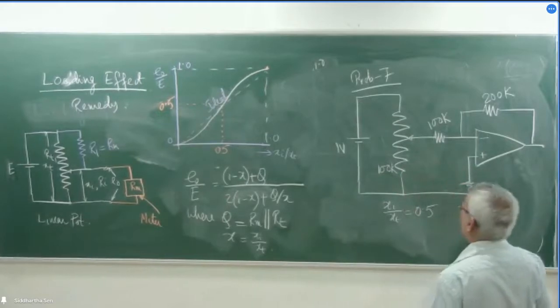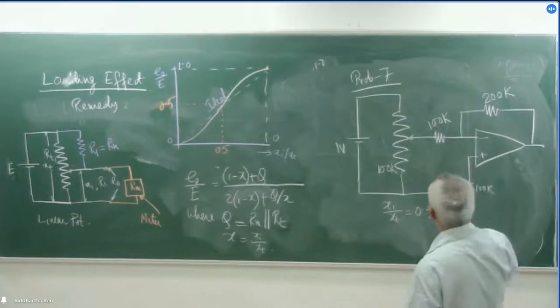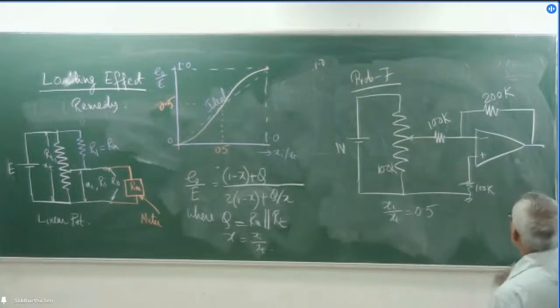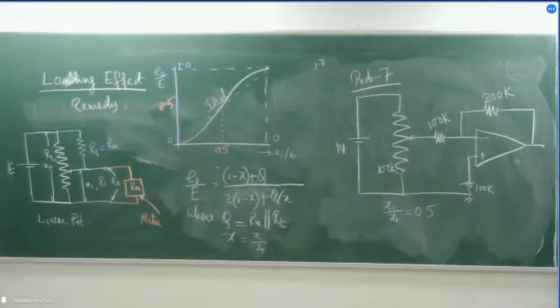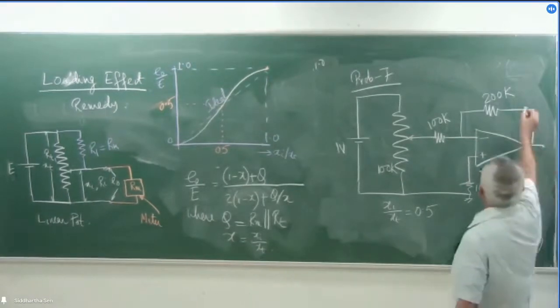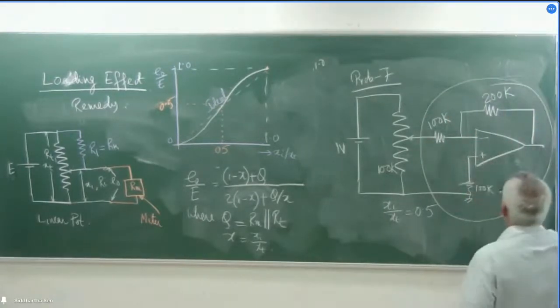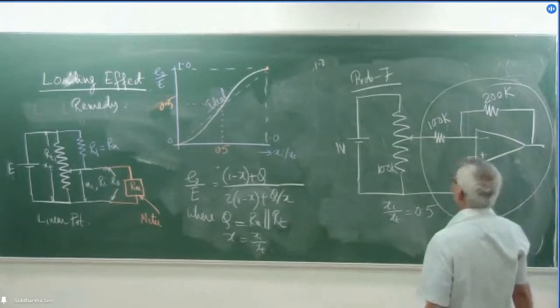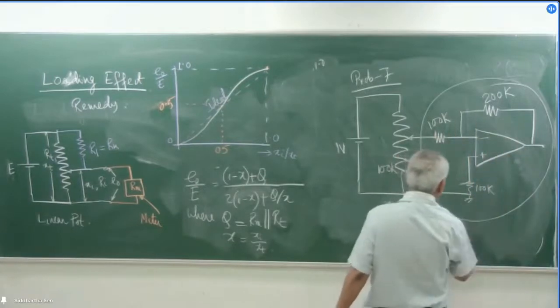We are measuring, very innocently, a voltage across the potentiometer and amplifying it by an amplifier. But what is happening? What is the input impedance of this load, the meter or the measurement system?